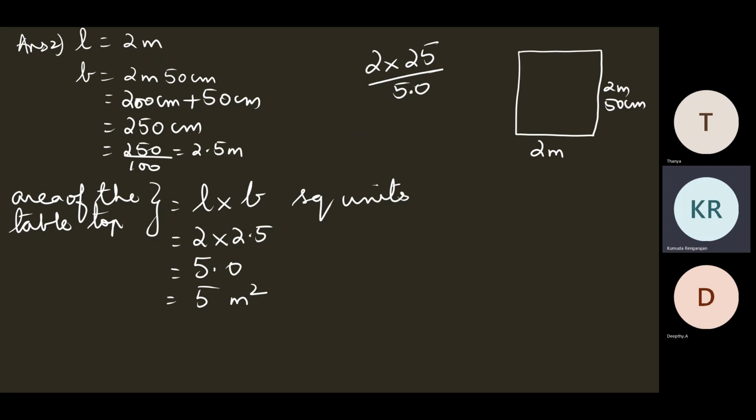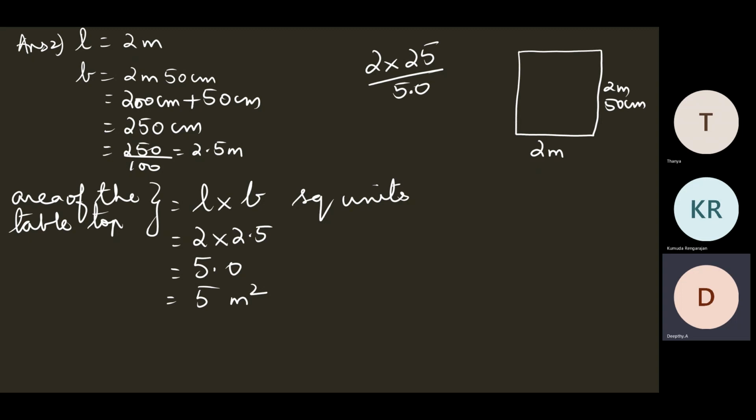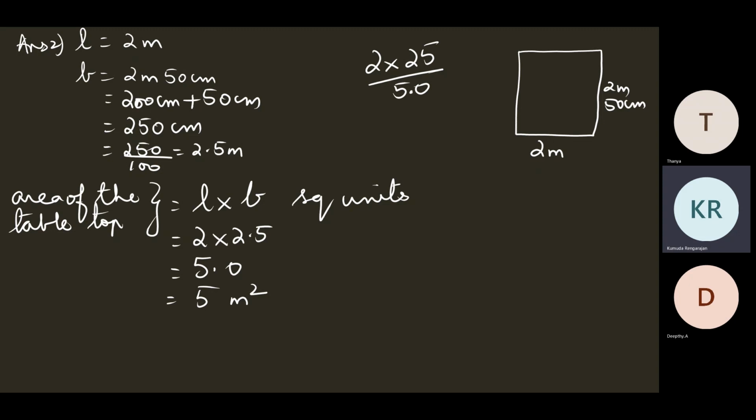So Deepthi, your question was, how do we make out if it is a square or a rectangle? Since the length is 2 meters and the breadth is 2 meter 50 centimeter, they don't have the same value. Hence, it is a rectangle, not a square. And you have to find the area in meter square.